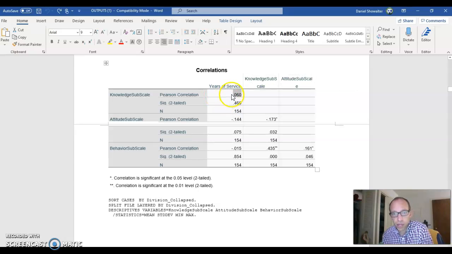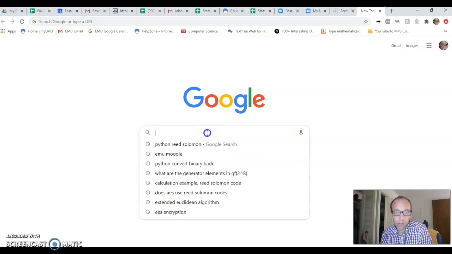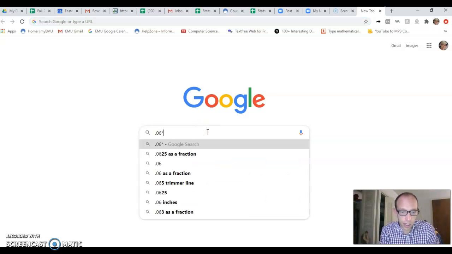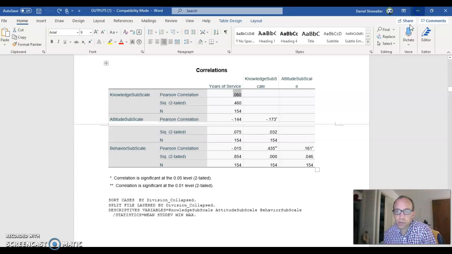So you'd have 0.06 times 0.06, so 0.06 squared. And that can meaningfully be interpreted as a percent. In this case, we would move the decimal over 2 spots for the decimal to percent conversion. Then that would be 0.36%.